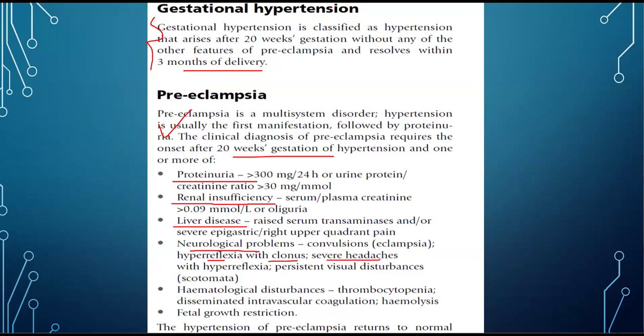Clonus can be positive. They can get severe headache. They can also get persistent visual disturbance, like blurring of vision. They can also get hematological disturbance, such as thrombocytopenia. They can get hemolysis and fetal growth restriction.